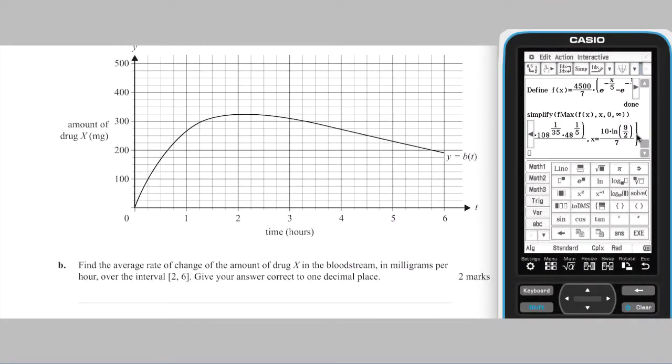Part B requires the average rate of change of the function across the region from 2 to 6. This can be computed using a user-defined function if you have one, or it can be computed using the relationship f of 6 minus f of 2 all on 4.